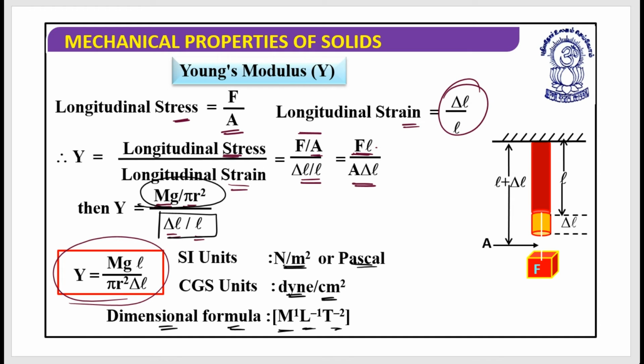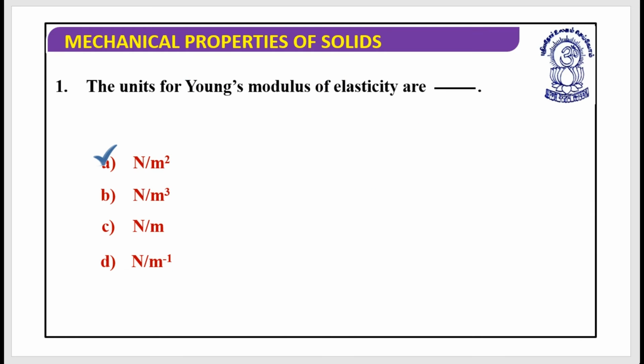So do you understand Young's modulus up till now? Is everything clear? Basically, it's a ratio of the stress to the strain. So let's look at certain quick questions and then we will move forward in this lecture.